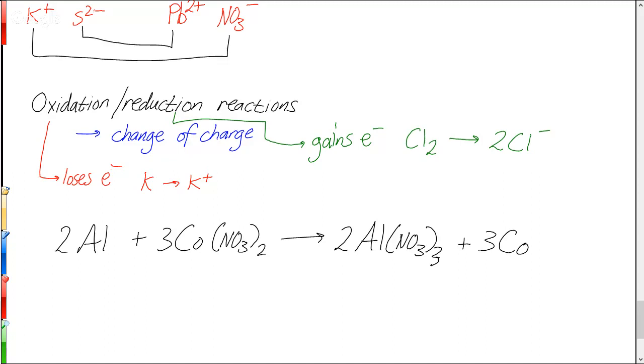We just said it earlier. It's neutral, so it's 0. So on the left, it has a charge of 0. What's aluminum's charge on the right? In that aluminum nitrate compound, what's the charge of aluminum?